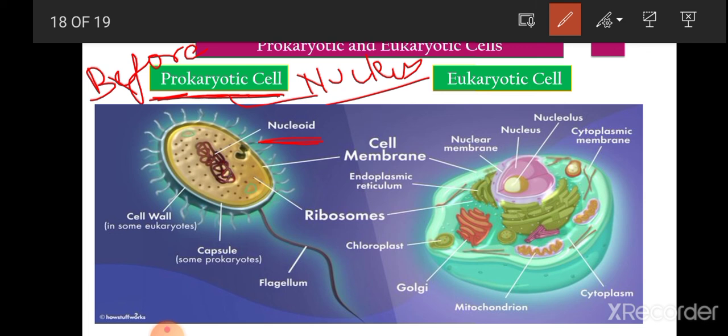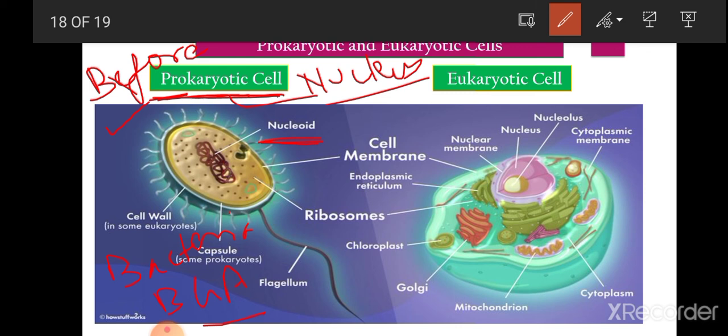The cells where the nucleus is without nuclear membrane, such cells are called prokaryotic cells. And organisms that have prokaryotic cells are called prokaryotes. As for example, bacteria are prokaryotic. Blue-green algae, they are cyanobacteria, they are prokaryotic cells, means they are prokaryotes.